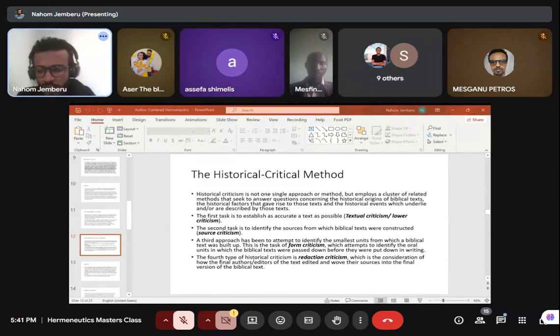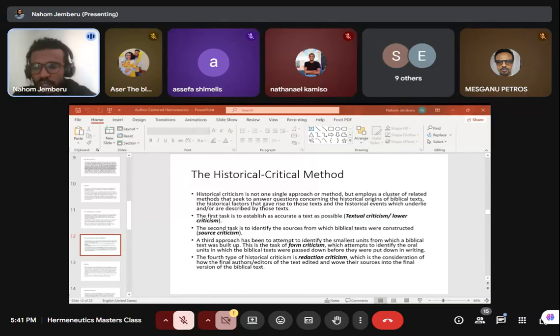The biblical text, as we know it, is actually constructed using a variety of processes that we generally call textual criticism.